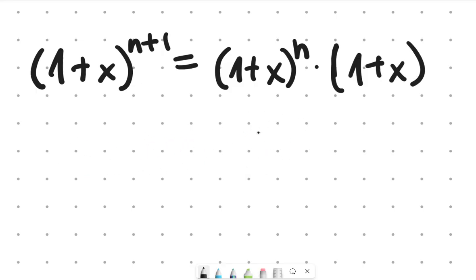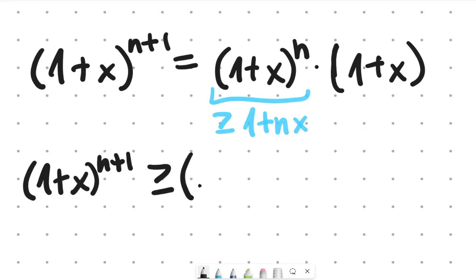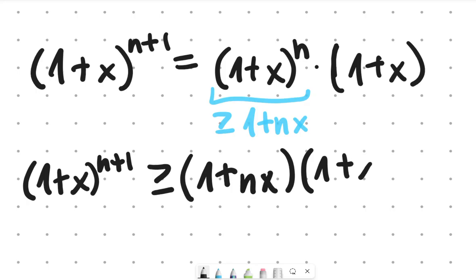Now, since we have (1 + x)^n, we know that we supposed this is bigger or equal to 1 + nx. So we can say that (1 + x)^(n+1) is bigger or equal to (1 + nx) times (1 + x).